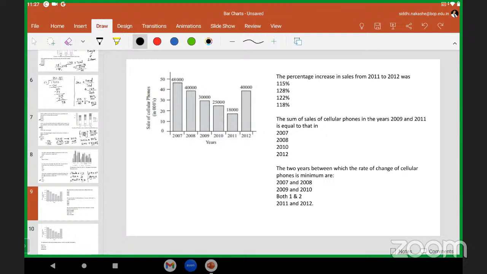So the first question is the percentage increase in sales from 2011 to 12. So we need to find the increase from 2011 to 12. So always for the increase, we find the difference upon initial.